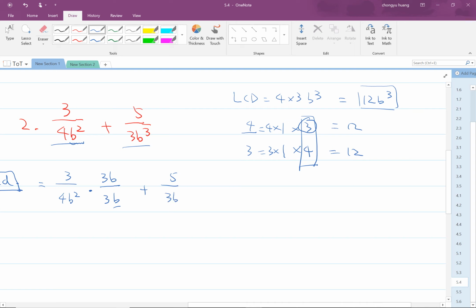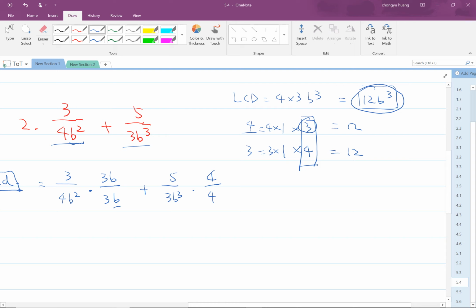And then on the other side, you can see we have to multiply by 4, to make both of the denominators the same, right?